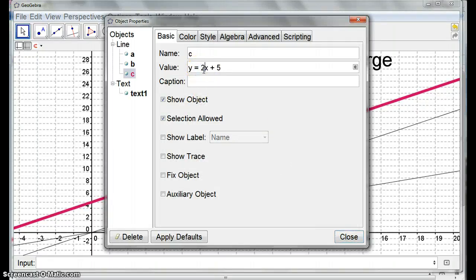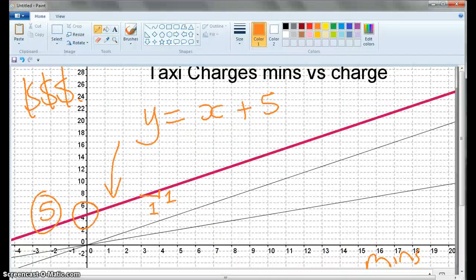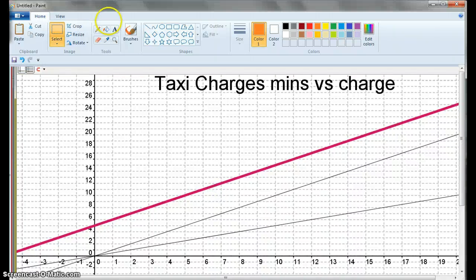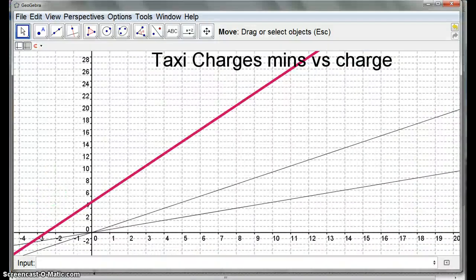Let's go back here and object properties, x plus 5. I changed that to 2x plus 5. Then what's our y-intercept? 5. 5 is the y-intercept, and what's our gradient now? Here we have it.